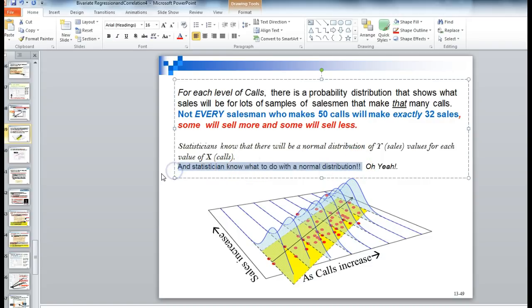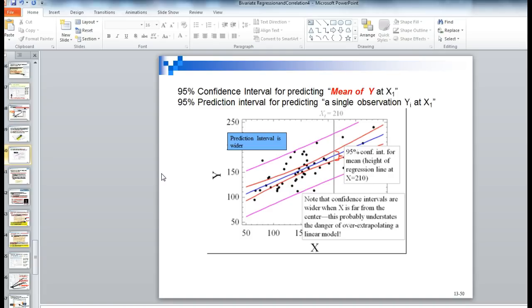So we're going to get two limits. Statisticians can give us the 95% confidence interval, and then they can give us the 95% prediction interval for any given level of X.